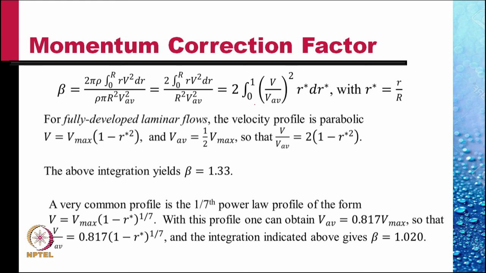This we did when we were evaluating the energy correction factor. So that V over V average is given by 1/0.817 into 1 minus R star raised to power 1/7. And the integration gives beta is equal to 1.020. A very small correction over 1.